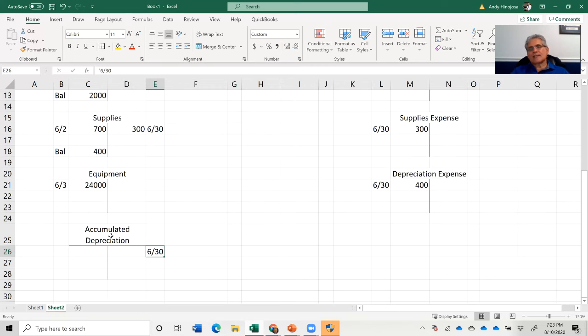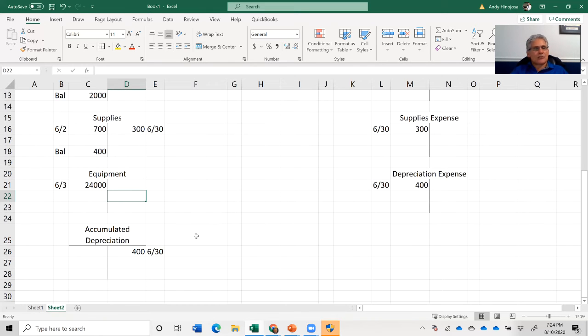We do have an account called accumulated depreciation. And we refer to this as a contra asset. And the reason we call this a contra asset is because its normal balance is a credit balance. In this case, we're going to enter a credit entry into accumulated depreciation for $400. Now, we could put it here, and that would have reduced overall assets. It would have reduced equipment, and it would have reduced overall assets.